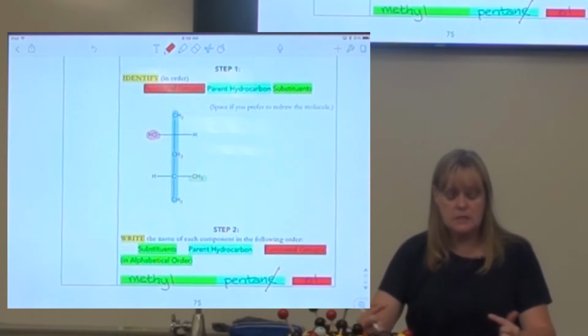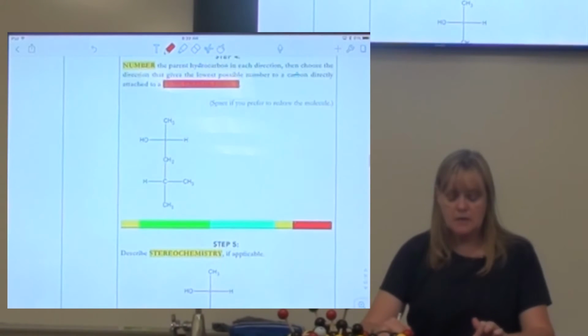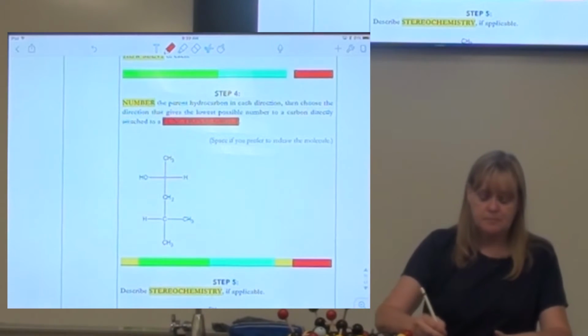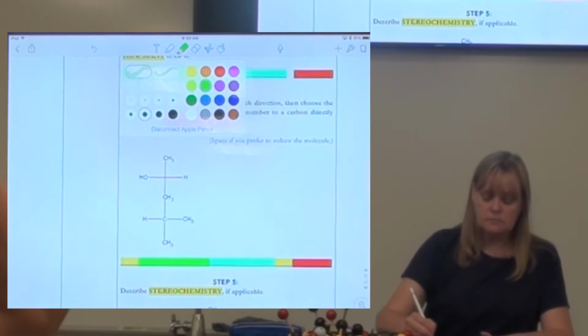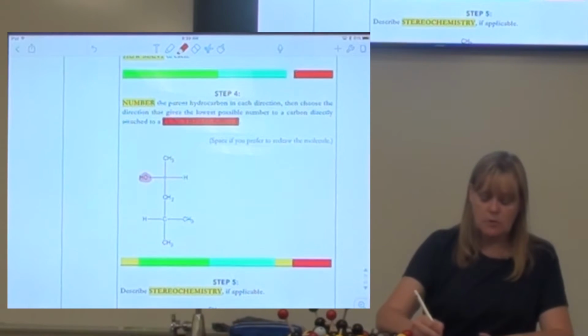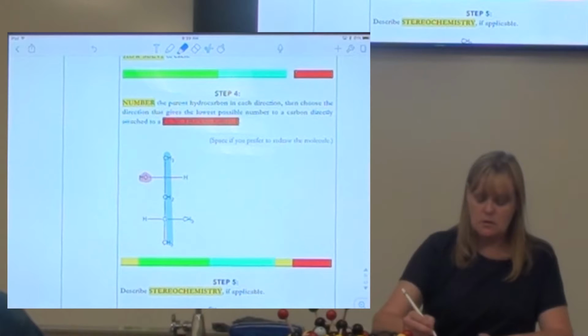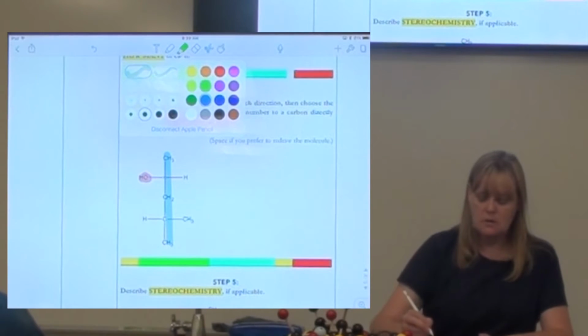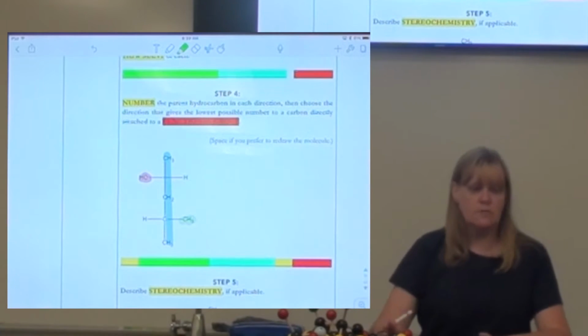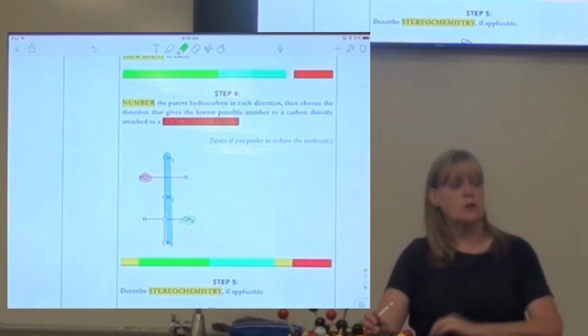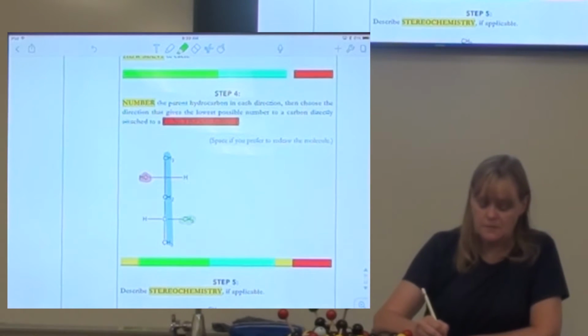Step 3, of course, is say if you have more than one of any particular substituent or functional group, and you don't, so we're going to just keep that same base name that you're working off of. And then step 4, you're going to number the parent hydrocarbon in each direction so that you give the lowest number possible to a carbon directly attached to a functional group, and you only worry about tiebreaker rules if there is a tie in numbering.